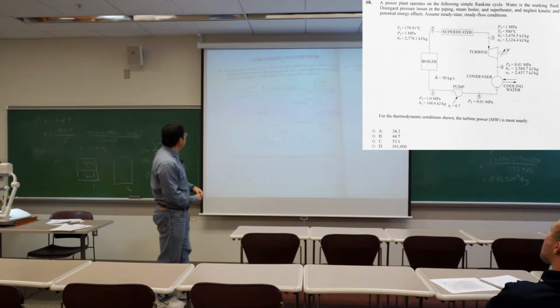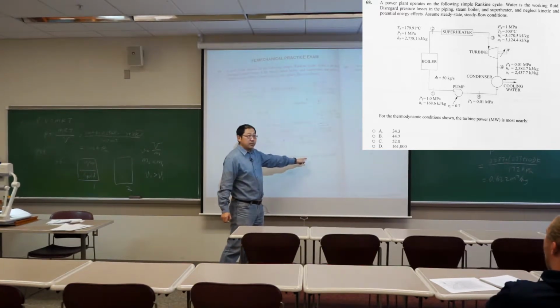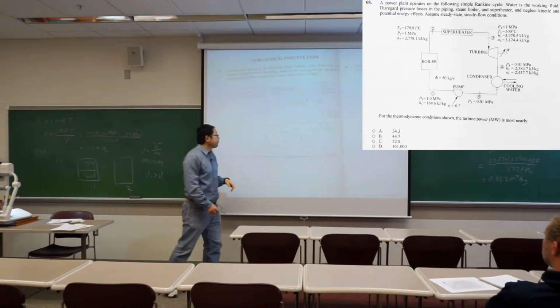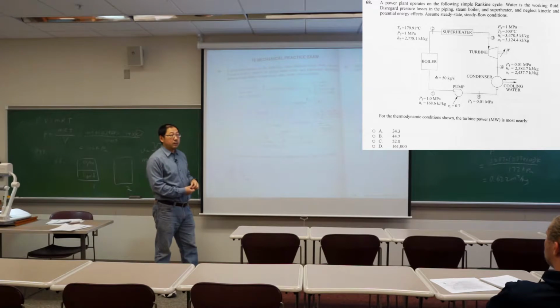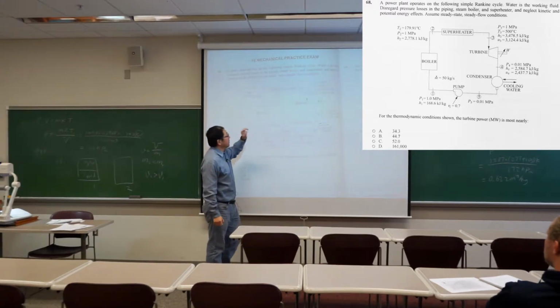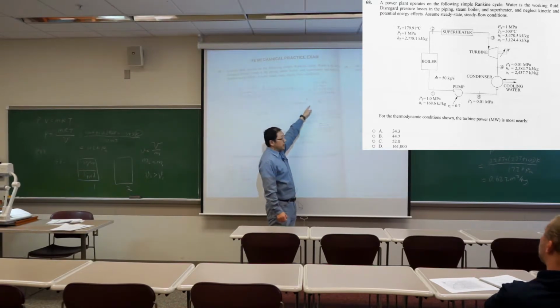You need to find turbine power, so you need to look at the turbine. All this information is just useless. All you need to know is that it's asking for the turbine, so you look at the turbine.